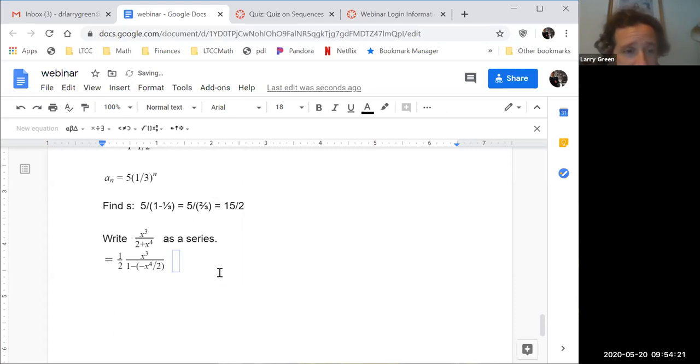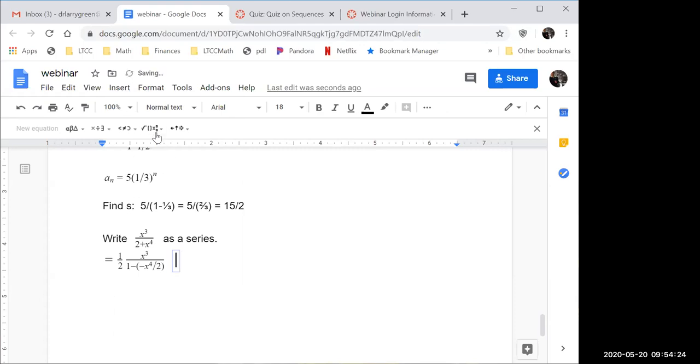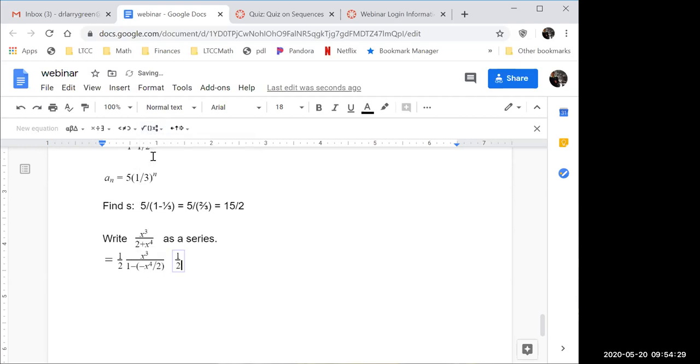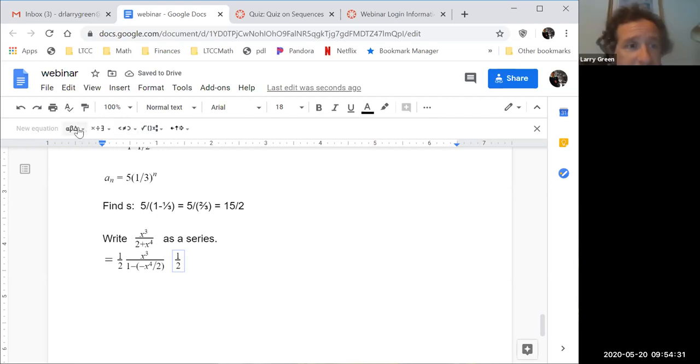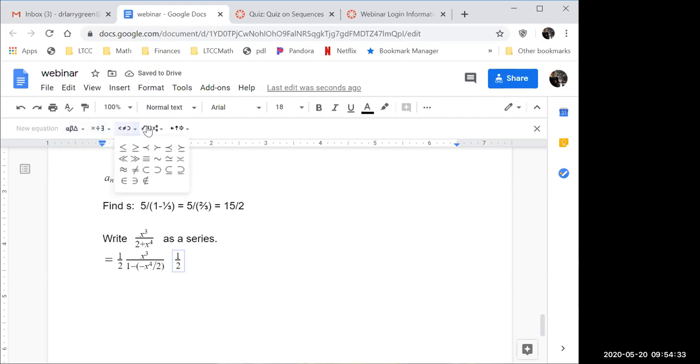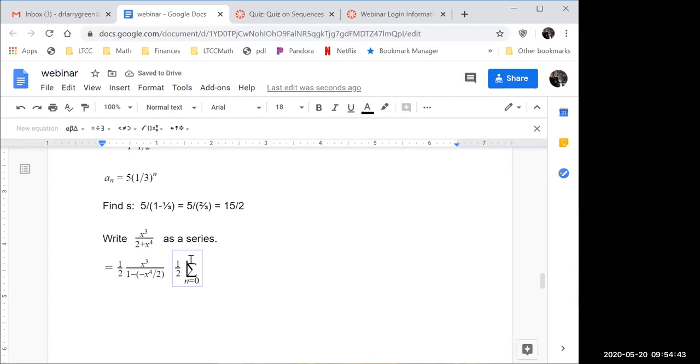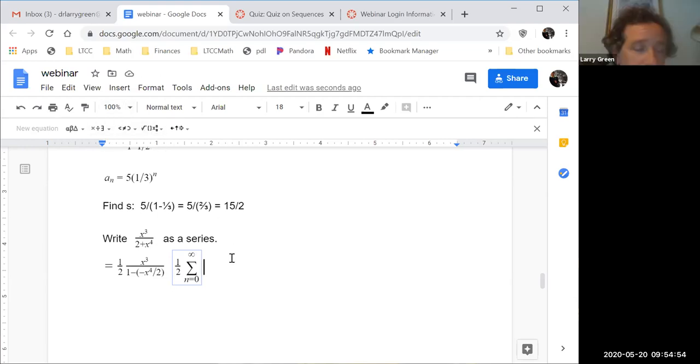So I can write that as 1 over 2 times the summation from n equals 0 to infinity, and now we look to see what we have.